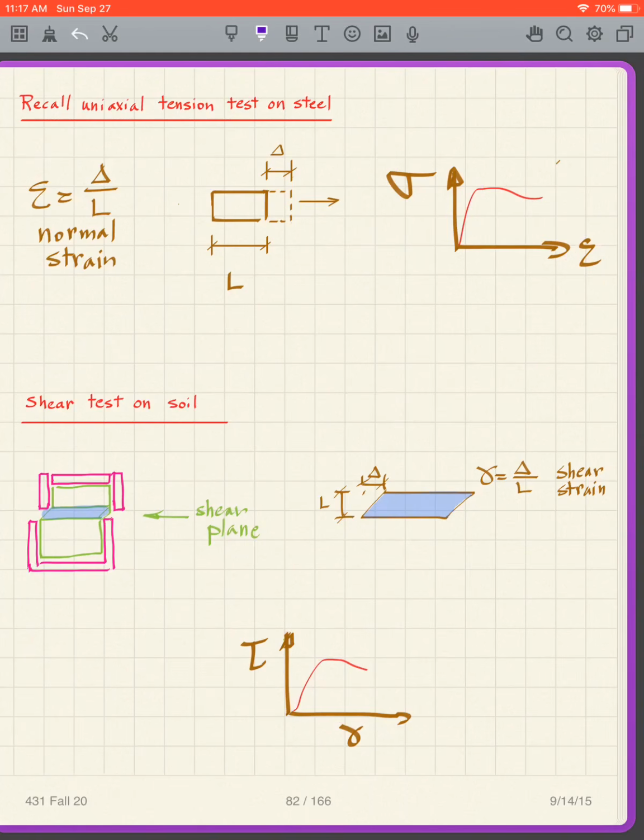I want to note that in this particular case, so you don't get confused, gamma is the traditional symbol for shear strain, so we use it, gamma. It's not density, so just be careful, because in geotechnical engineering we like to use gamma for density or unit weight, but in this particular case it means shear strain.